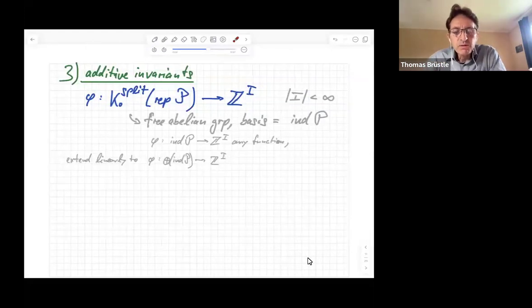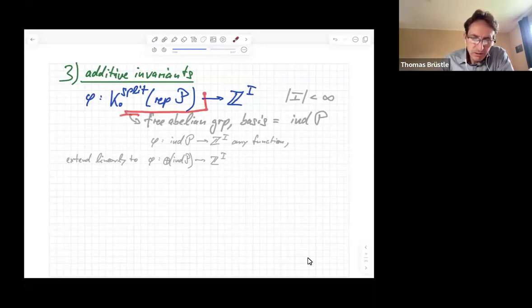And in order to do so, now I start with my third part. We study what is called additive invariance. We are given a module. I view this module M as a member of the split Grothendieck group of representations, and to M here, I want to associate phi of M, some vector of finite size.